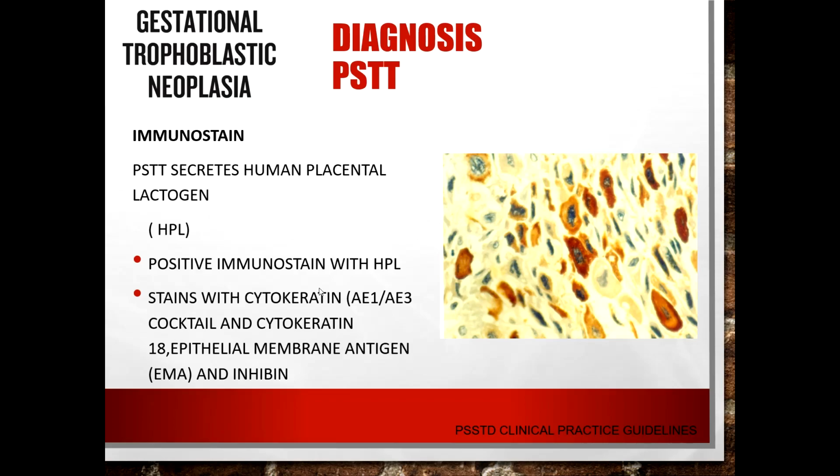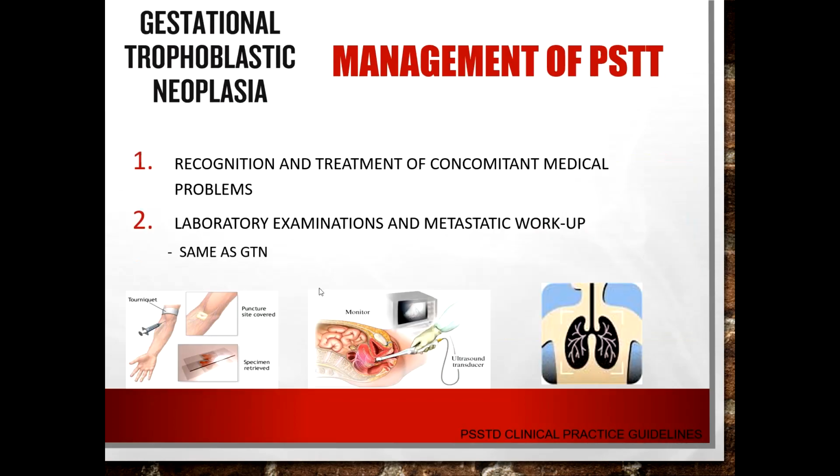PSTT is associated with abnormal expression of cell cycle regulatory gene products, including cyclins and cyclin-dependent kinases, but they will be negative for p63. For the management, they have to recognize and treat concomitant medical complications, and order laboratories and a metastatic workup.